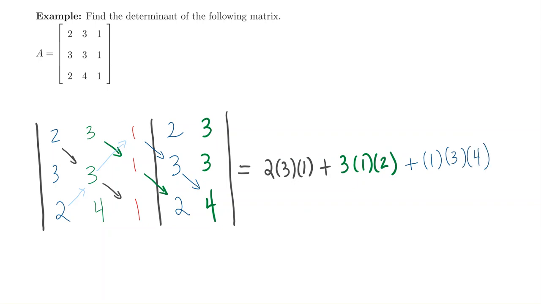Okay, now I'm out of space, so I'm going to continue below. Minus 2 times 3 times 1, minus 4 times 1 times 2, minus 1 times 3 times 3.